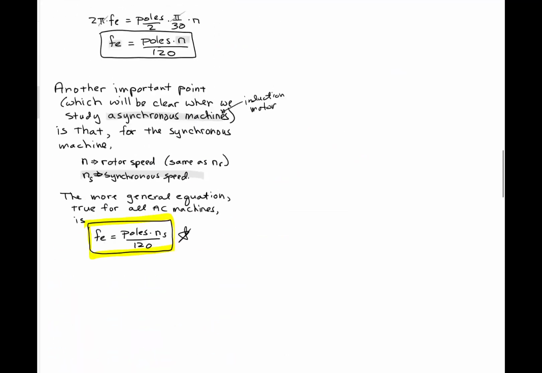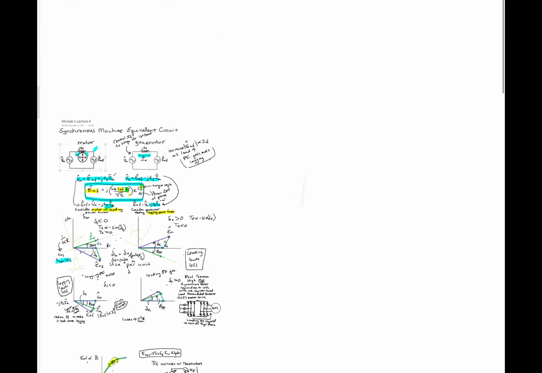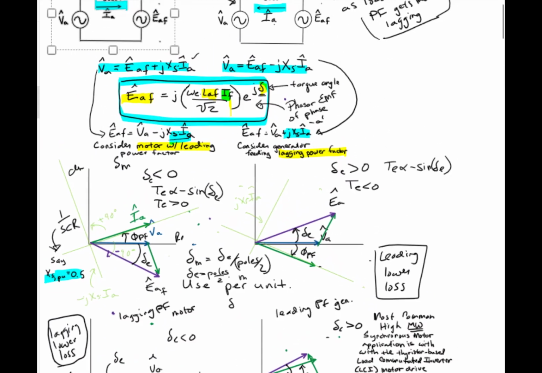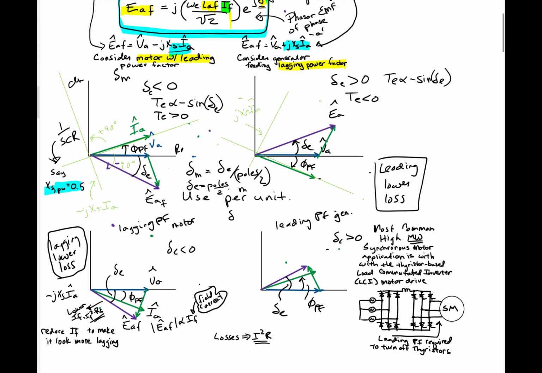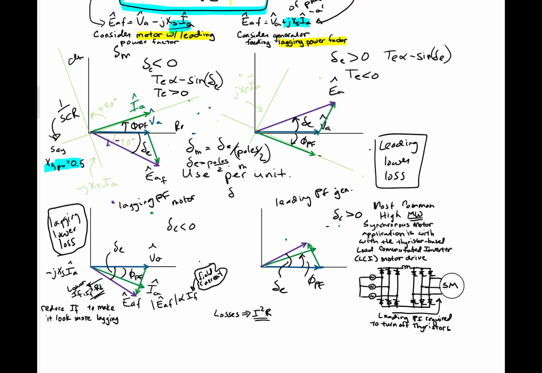I did this at the very beginning last time, and I showed you, if I was a motor, and that's why I say go practice this. If I run with a lagging power factor, EAF actually becomes smaller than the line. So it has to do with the power factor angle. Does that make sense?